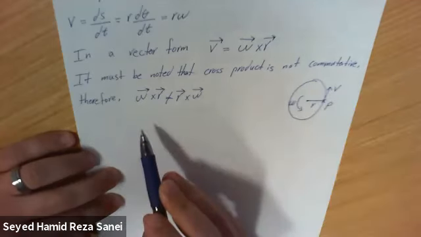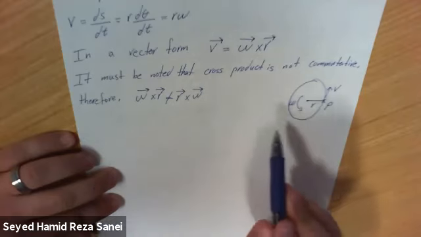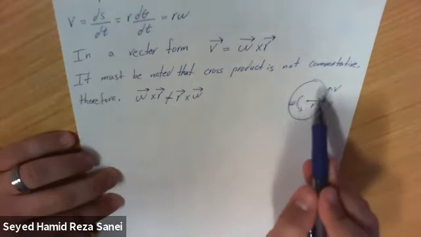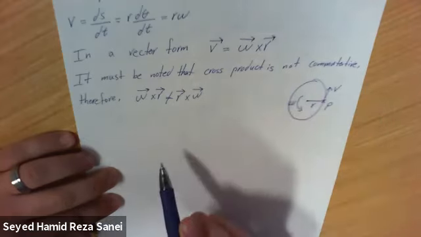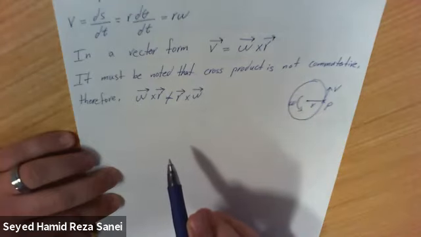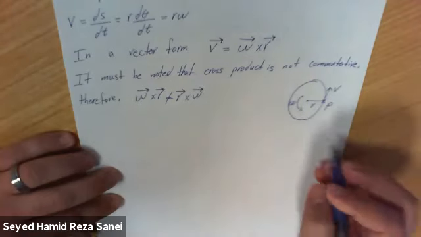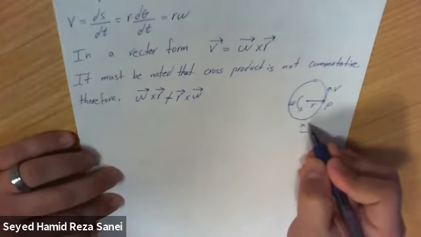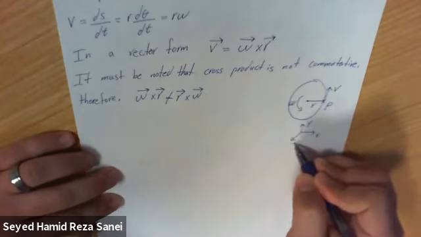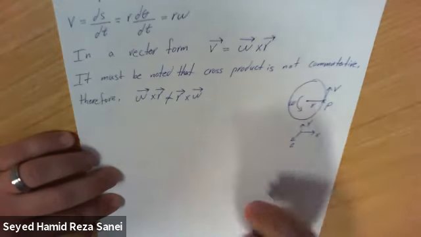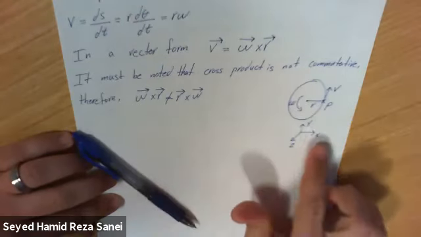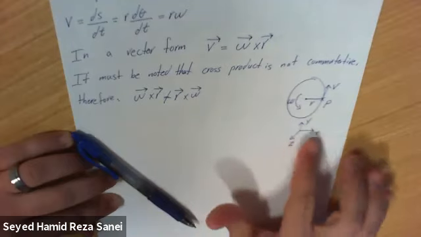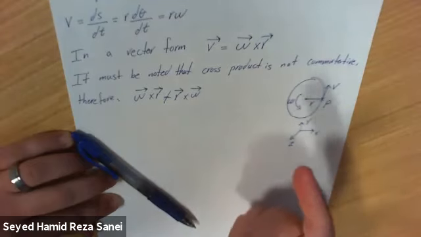If I want to write it in vector form, omega here, because it's rotating counterclockwise, is going to be positive k. If my axes are x, y, and z, omega would be in the direction of positive z. So x and y are radial and z is coming out of the surface.